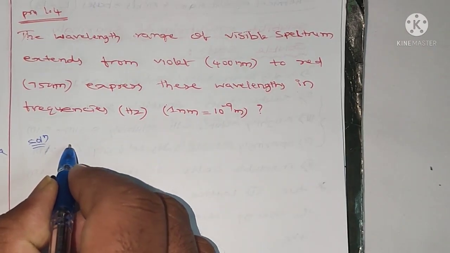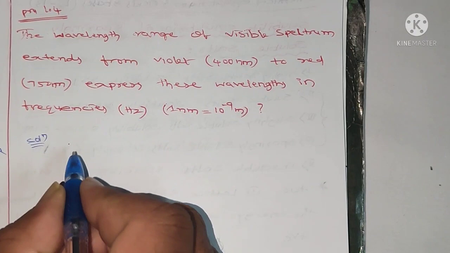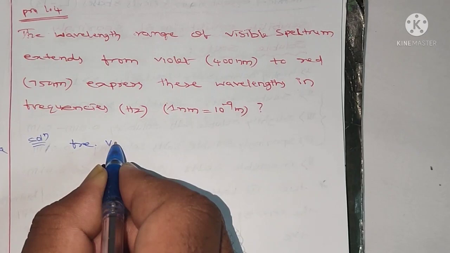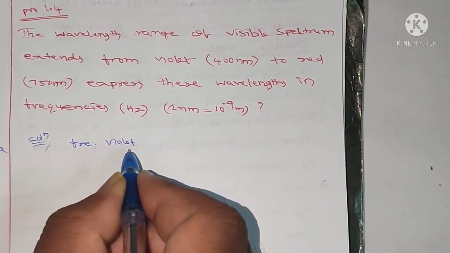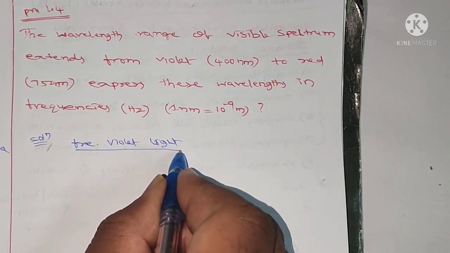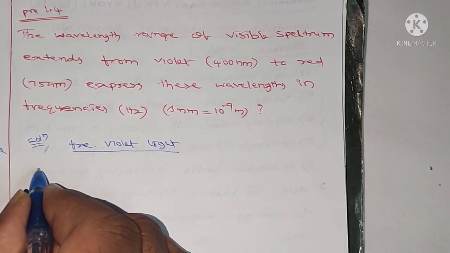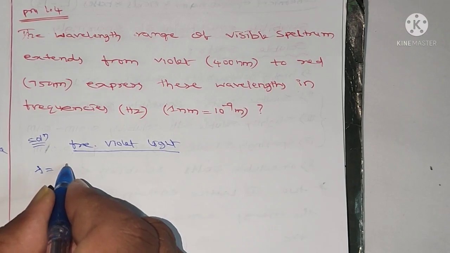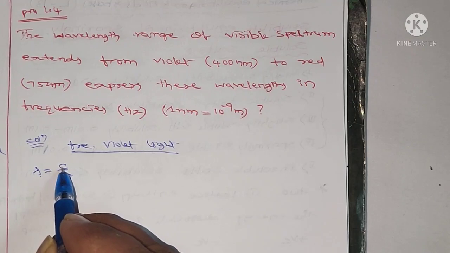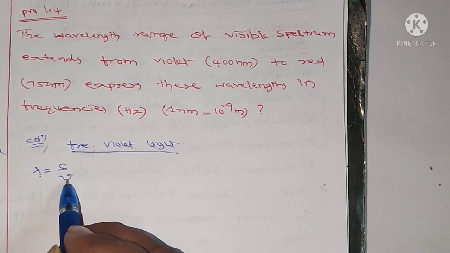First of all, we take the frequency of violet light. We know the wavelength formula lambda is equal to c by nu. Here we know the velocity and the wavelength, so we have to find the frequency.